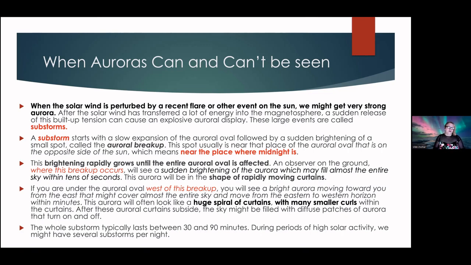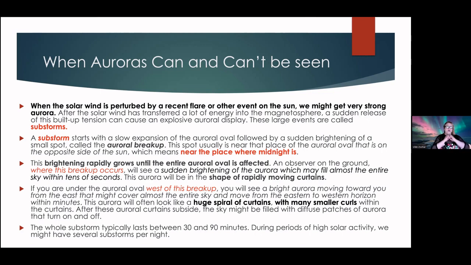So the substorm starts with a slow expansion of the aurora oval, followed by a sudden brightening of a small spot called auroral breakup. That's what I mentioned, auroral breakup. This spot is usually near the place of the aurora oval that is on the opposite side of the sun, which means it's midnight.